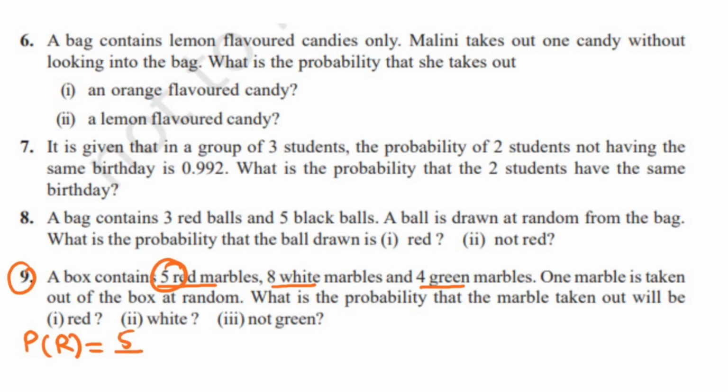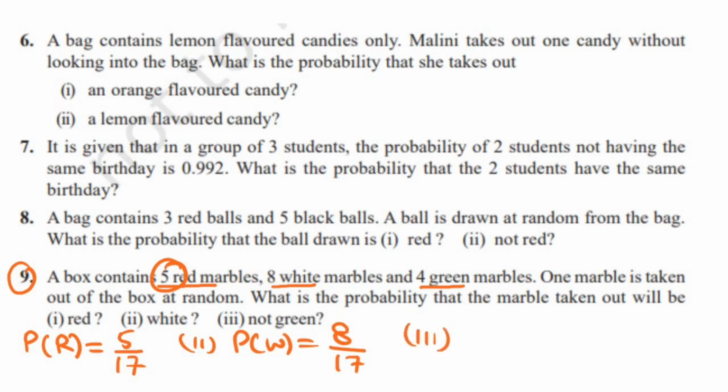5 out of the total number of marbles in the box, that is 5 plus 8 plus 4, which is 17. Now the second bit, what is the probability that it is a white marble? White marbles are 8 in number out of the total 17 marbles.